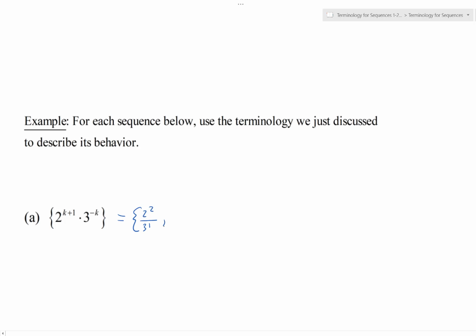When k is 2, we're going to get 2 cubed over 3 squared. Then when k is 3, we're going to get 2 to the 4 over 3 cubed, and so on and so on. And then just to write these terms out by evaluating the operations, we get 4/3, we get 8/9, we get 16 over 27, and so on.